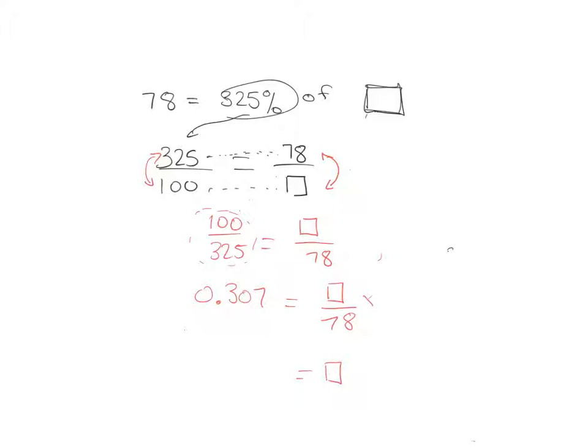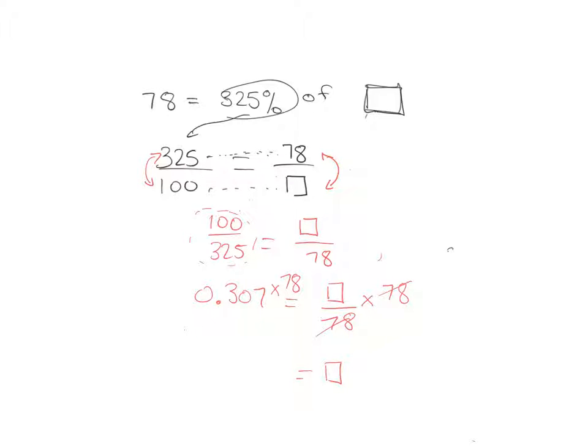We do the inverse operation, which is multiply by 78. Again, in algebra, what you do to one side, you do to the other. So we have to multiply the 307 thousandths by 78 as well.